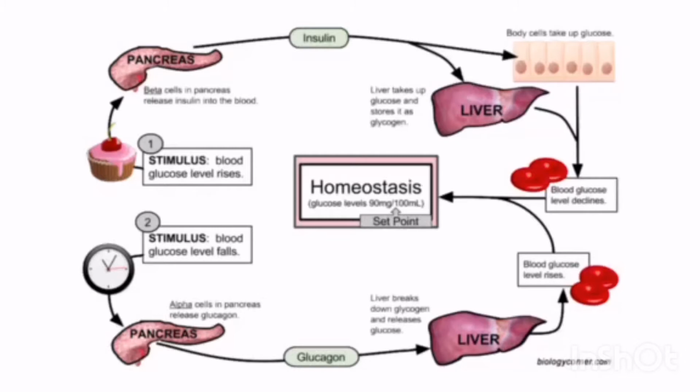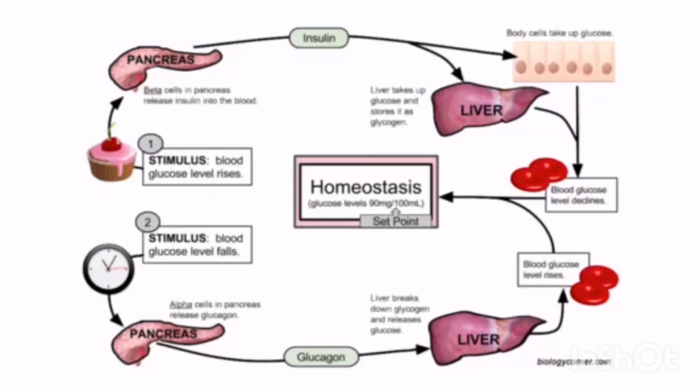Other body cells, such as skeletal muscle, adipose tissue, or brain cells are also activated by insulin. When a molecule has multiple different effects in the body, these multiple effects are called pleiotropic effects.